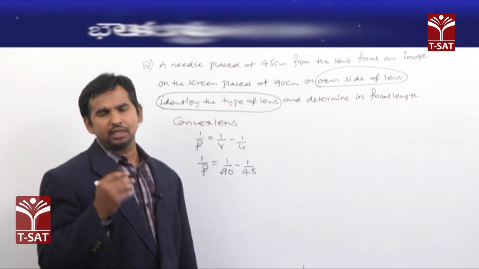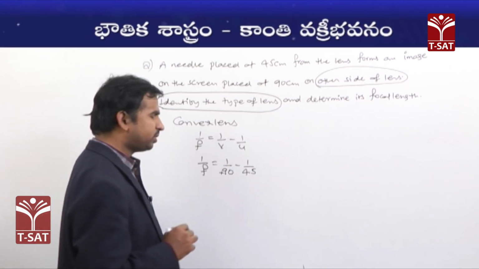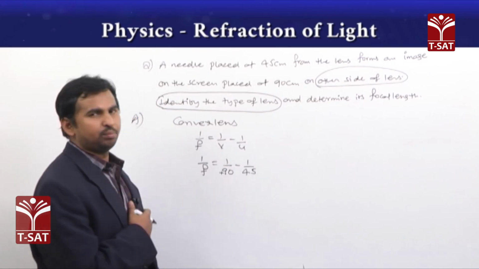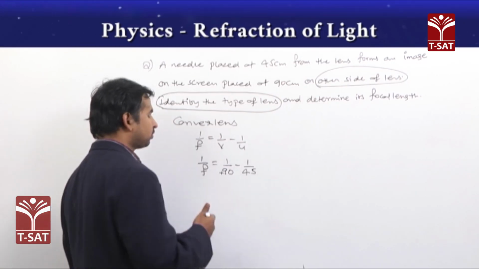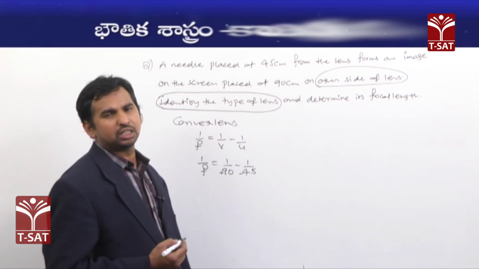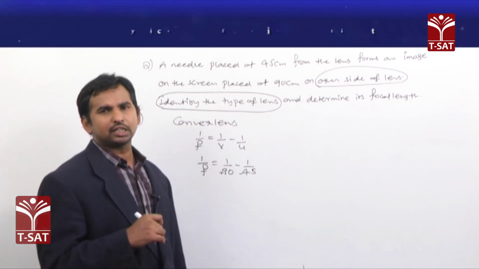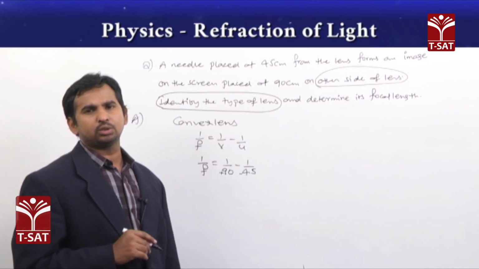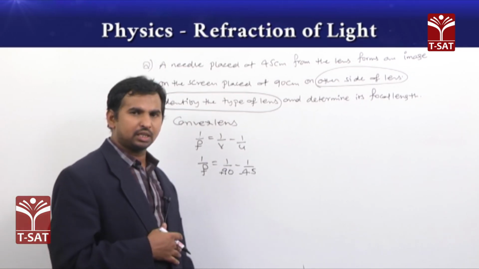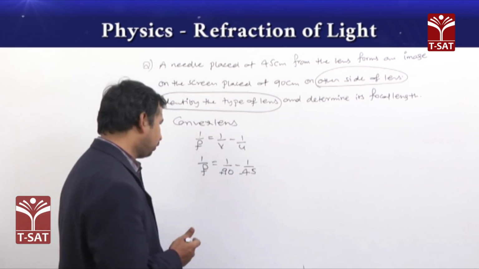The incident light ray direction and the image distance direction are both in the same direction. Whereas the object distance we have to take as negative, because the object is placed before the lens. It is opposite to the direction of the incident light rays that we measure the distance of the object. That is why we take it as negative.